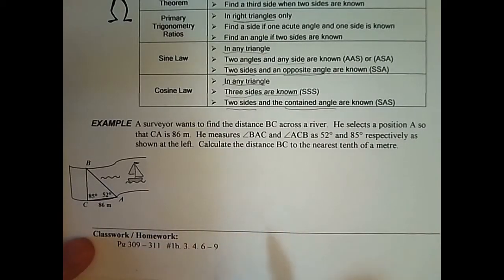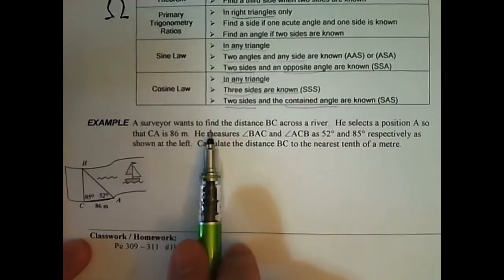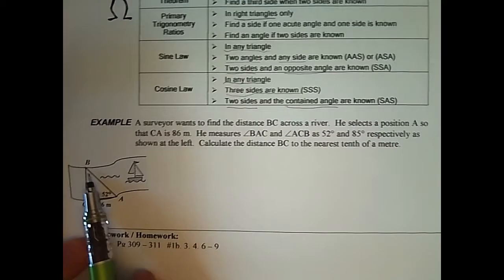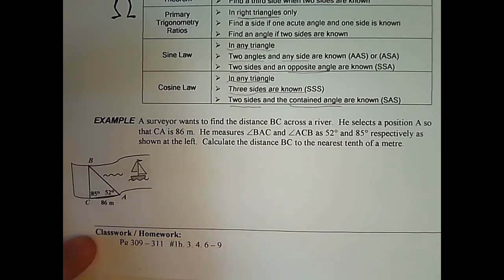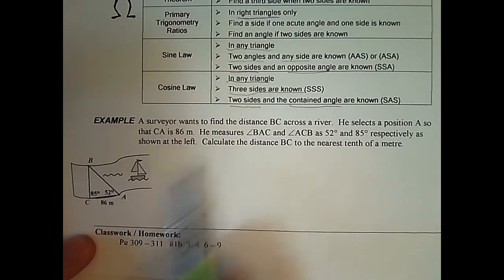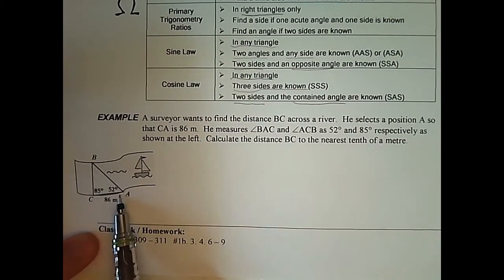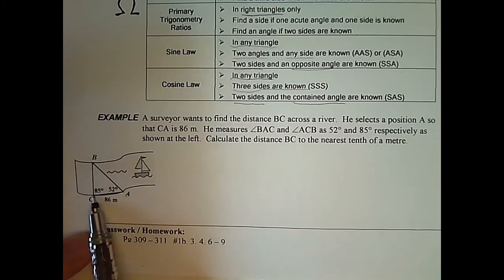In this scenario, we just get thrown a question. It says a surveyor wants to find the distance BC in this diagram, B to C, across a river. He selects position A so that CA is 86 meters. He measures angle BAC, in that order from B to A to C, to be 52 degrees, and then angle ACB to be 85 degrees, respectively.